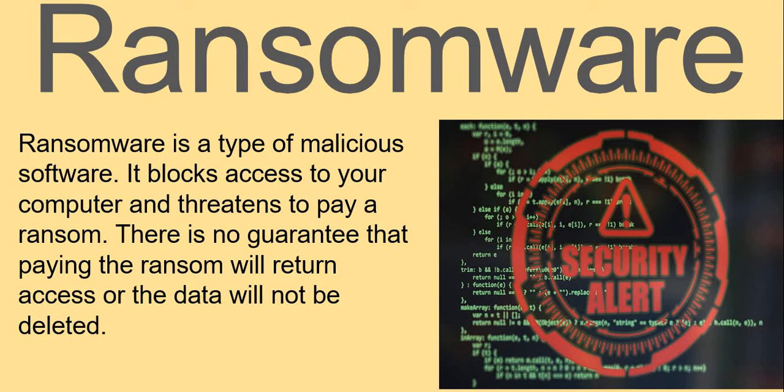Ransomware is a type of malicious software. It blocks access to your computer and threatens you to pay a ransom. There is no guarantee that paying the ransom will return access or that the data will not be deleted. It is similar to kidnapping somebody and saying give money and I will send the kidnapped person back. But there is no guarantee.